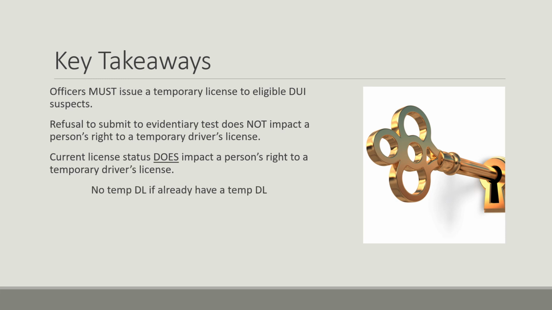There is no temporary license if the person already has a temporary license. And logically, there is no temporary license issued if the person did not already have a valid driver's license. Lastly, and importantly, refusing to submit to a preliminary breath test is no longer a basis to seize or revoke a DUI suspect's driver's license.